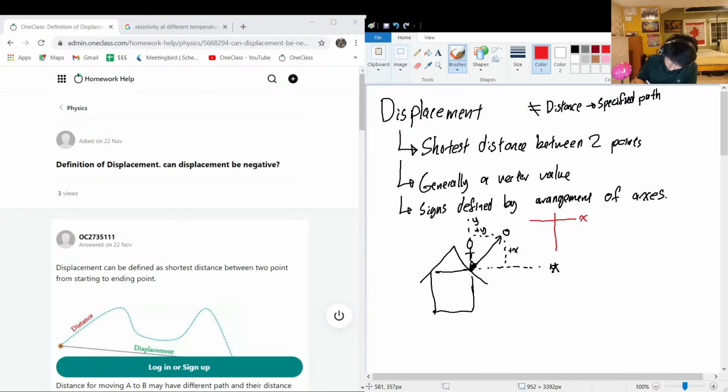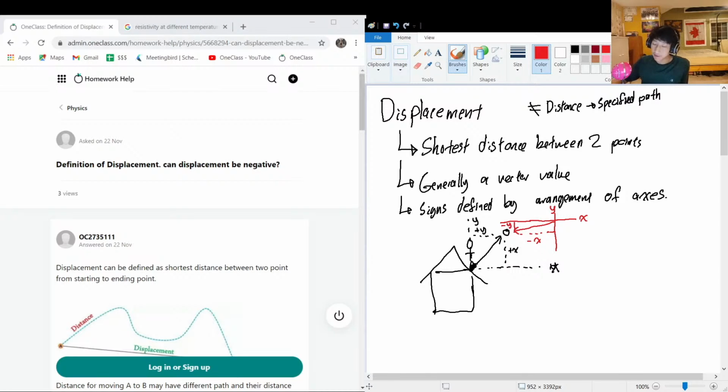If this is the x-axis and this is the y-axis, you could see that this is going to have a negative x value and a negative y value. Now, which one of these coordinate axes is more correct? There is no answer. Whatever coordinate system you use is the one that's correct. So a positive displacement for me standing on the roof could be a negative displacement for a drone or a bird flying around, or for a ball floating in the air or a balloon.